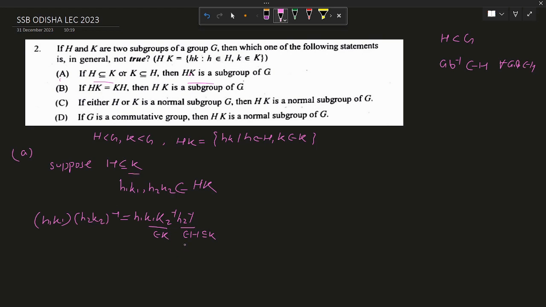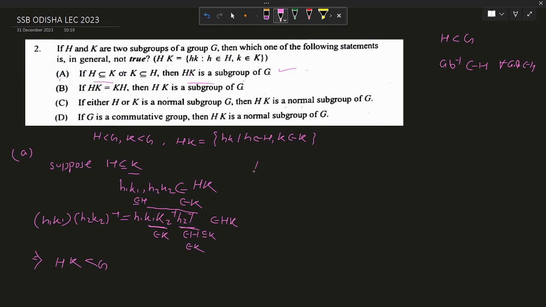So this h2 inverse also belongs to K. Okay, so this belongs to K and this one also belongs to K, so overall the product belongs to K because K is a subgroup, so the product also satisfies the closure property. And h1 belongs to H, so overall element belongs to HK. So by this result we can say HK is a subgroup of G. So option A is true.